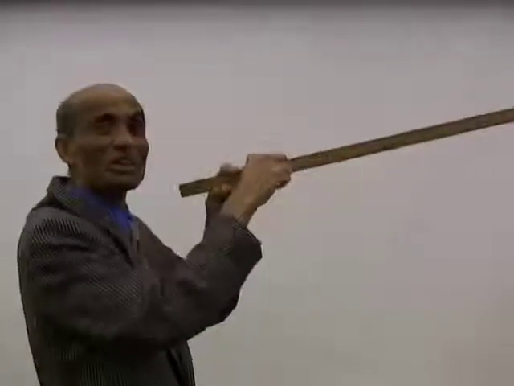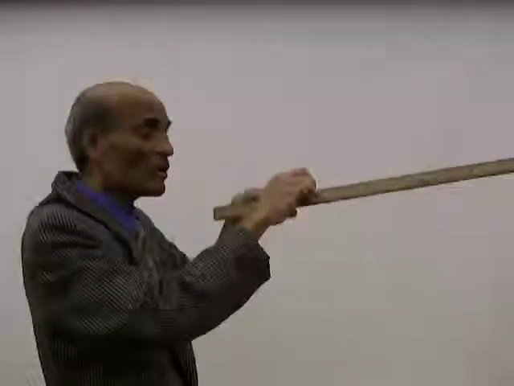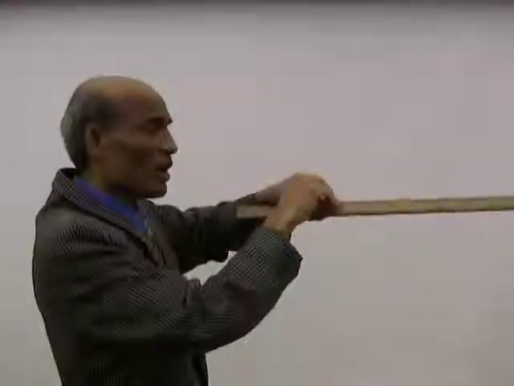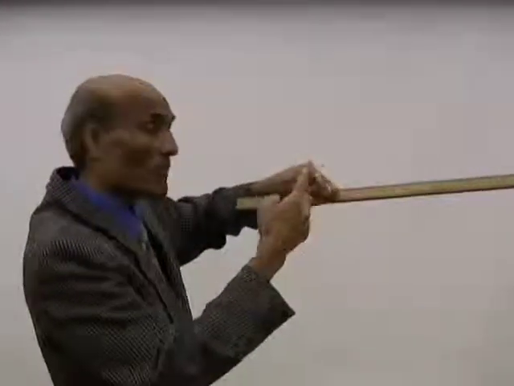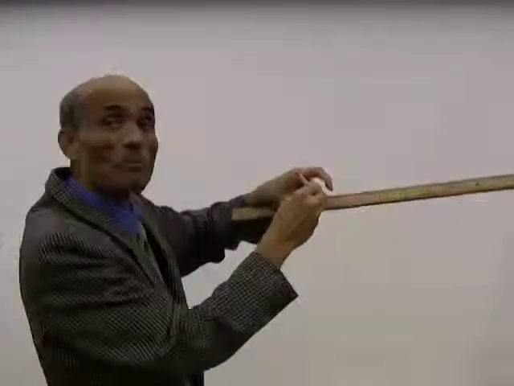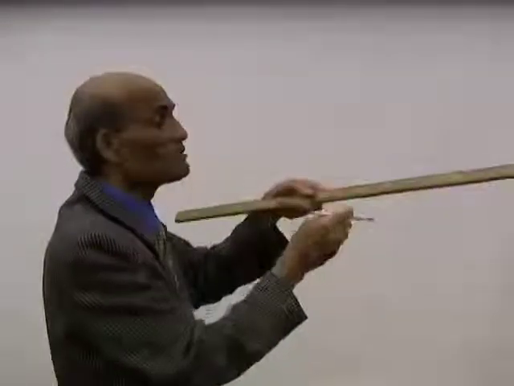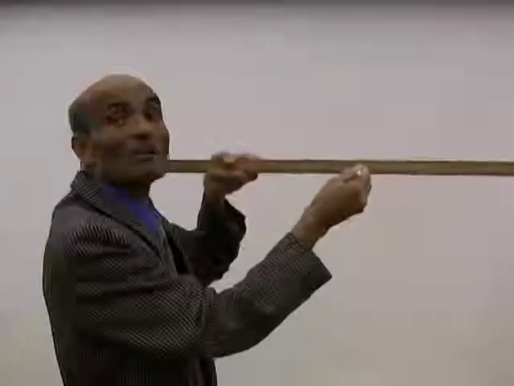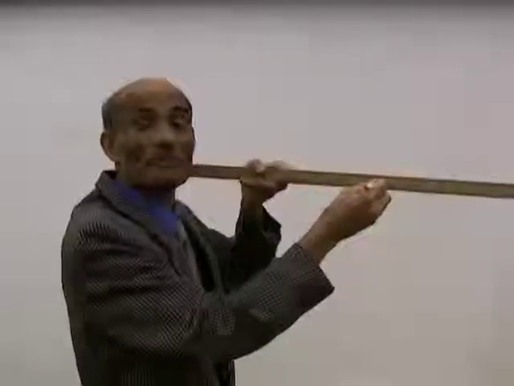How difficult is it? It is very difficult. That means the moment of inertia of this ruler about this axis is much greater than its moment of inertia about the center of mass.